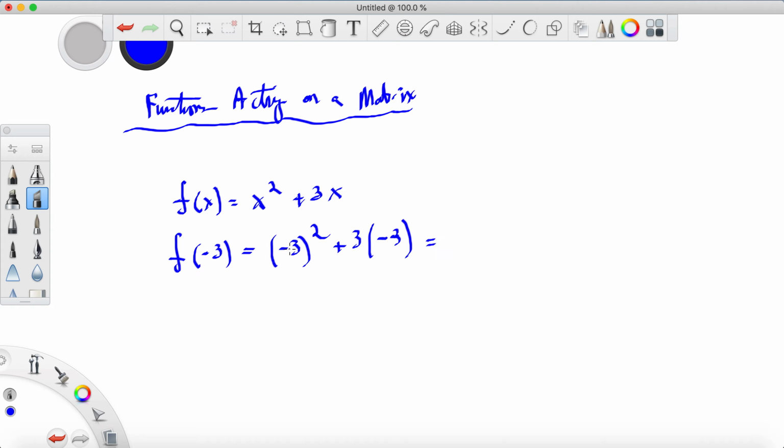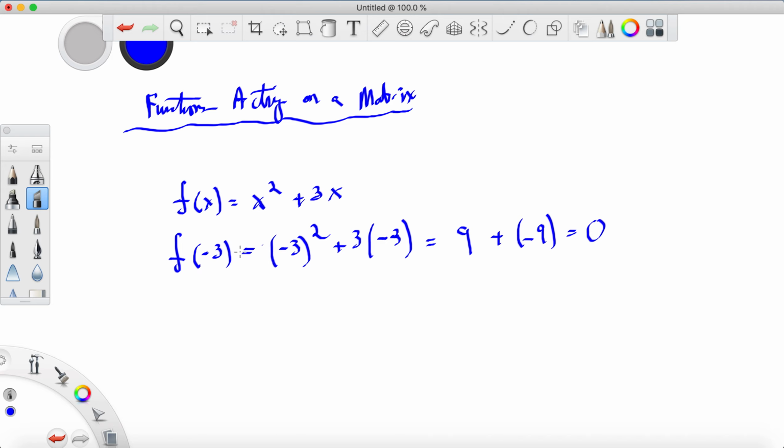And so -3 squared is going to be 9, and I'm going to add -9. And so in this case, that particular value is going to evaluate to 0.